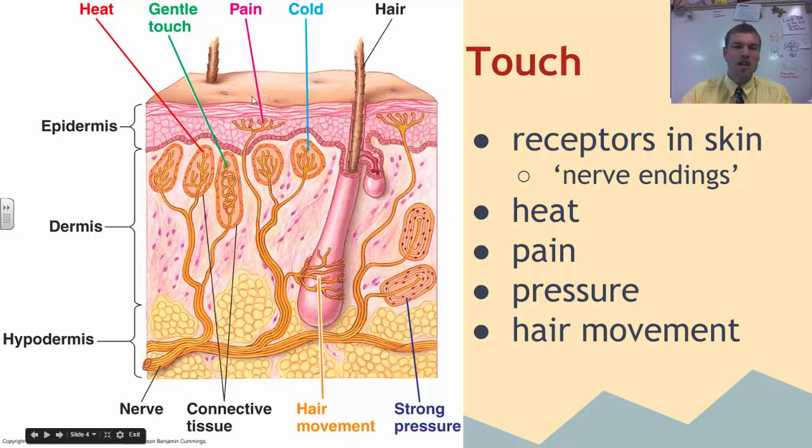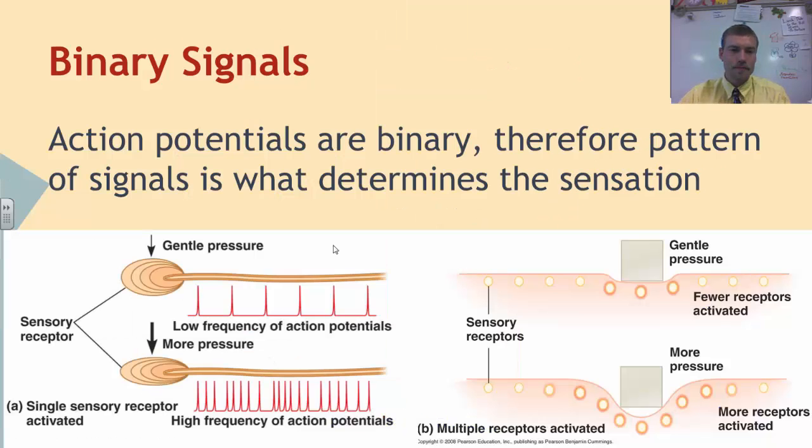Your pain are up towards the top. Your heat and gentle pressure are a little bit under, and then your strong pressure is deeper. And then you've got nerves that are attached to each of your hair follicles, so you can feel that. And you can notice that, right? Like, you know when you've been statically charged because you can feel your hairs standing up.